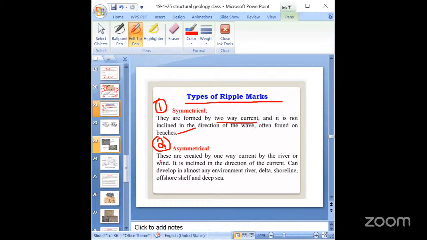And asymmetrical ripple marks are created by one-way current, by a river or wind. It is inclined in the direction of current, and it can develop in almost any environment, that is river, delta, shoreline, offshore shelf, and deep seas.